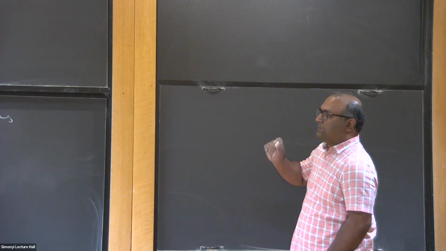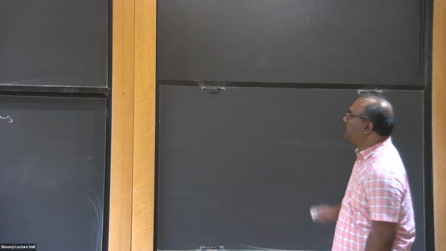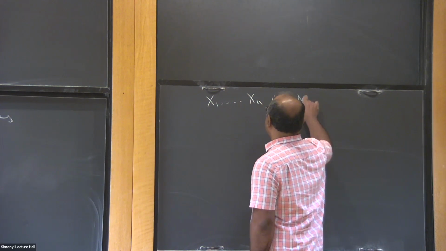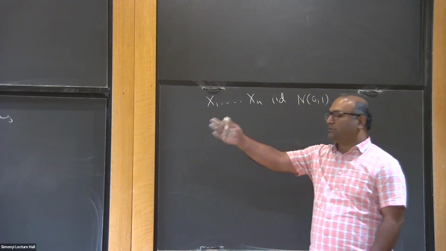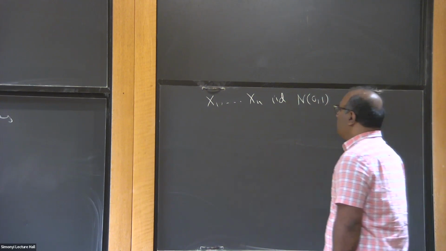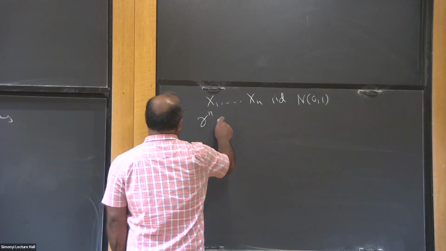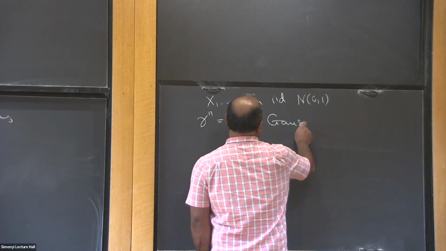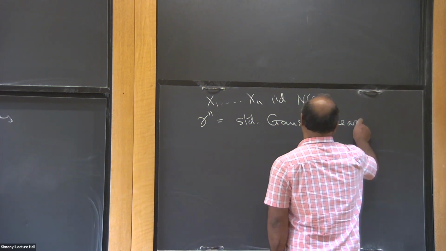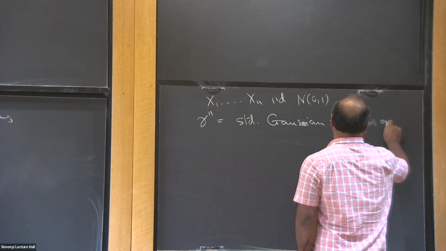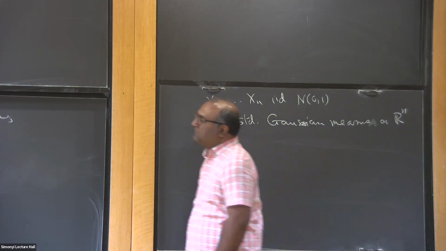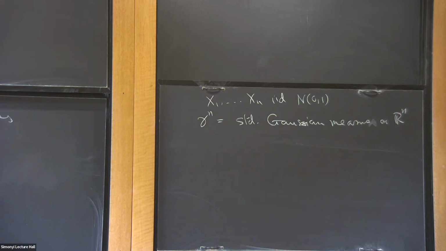Okay, so now let's say you have not one Gaussian variable, but many Gaussian variables. Suppose you have x1 to xn IID normal 0, 1, and you want to write a function of x1 to xn. So what's the basis? Gamma n is the n-fold product of gamma. So this is the standard Gaussian measure on R^n, and you want the basis of that.